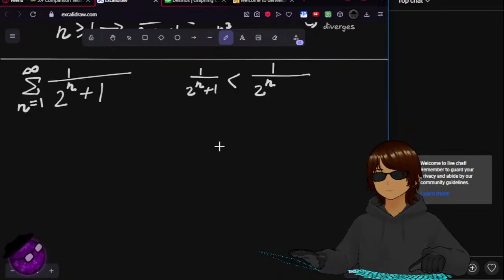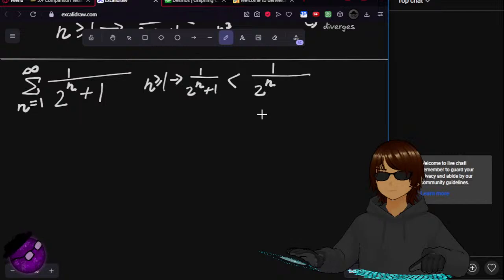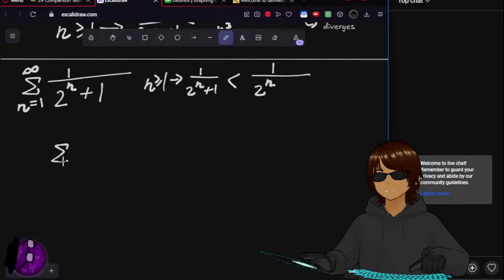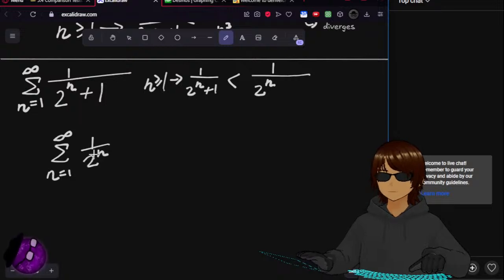And that implies this. And then some. 2 to the power of n.